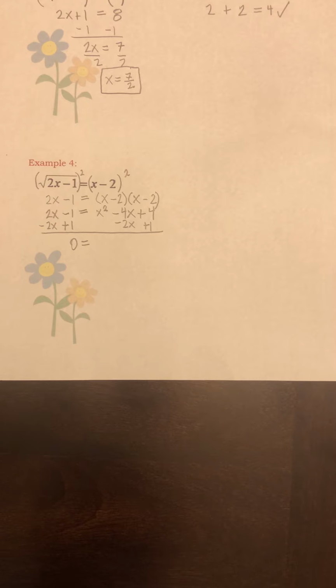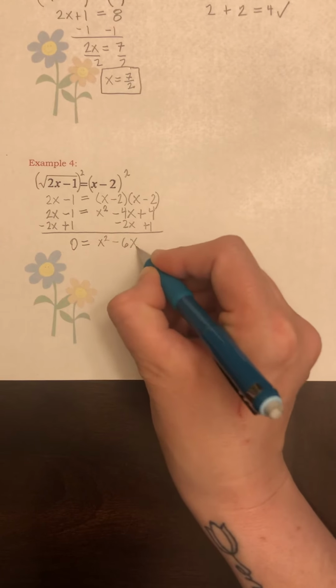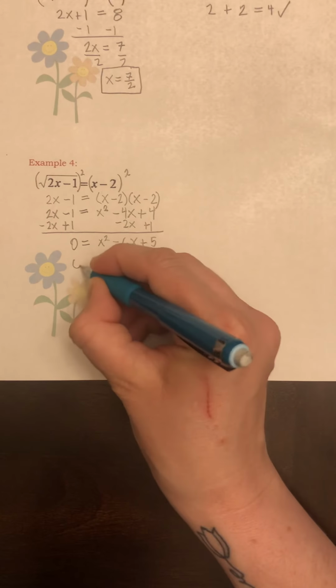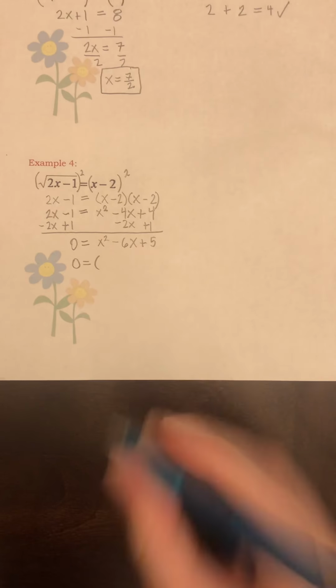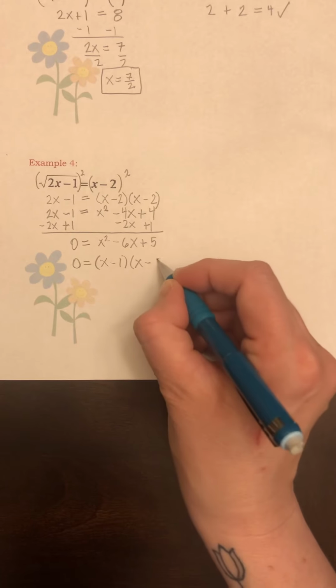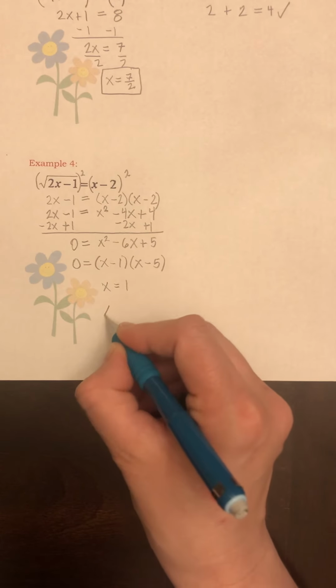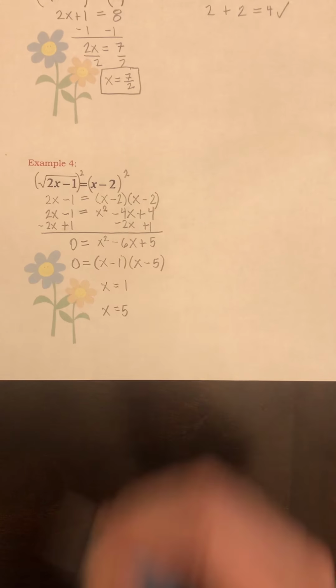So I'm moving everything over to the right. On the right side, I'm going to have x squared minus 6x plus 5. And if you do a sum and product chart, you can factor that into an x minus 1 and an x minus 5. So we're going to get two possible solutions. I'm going to find out that x could be 1 or x could be 5.